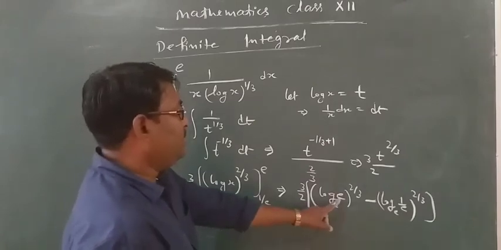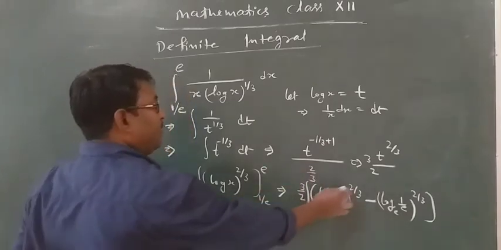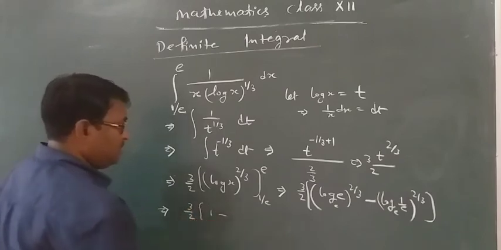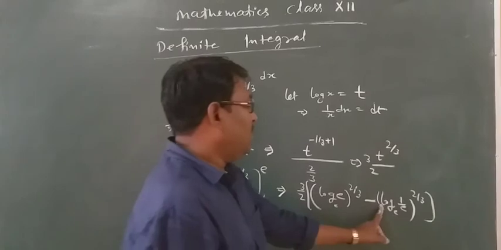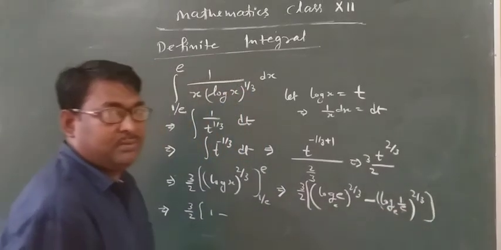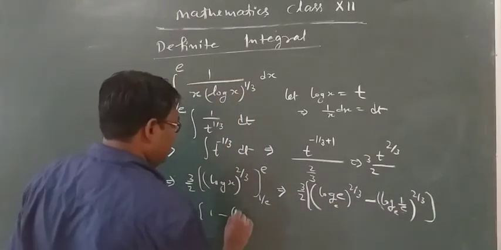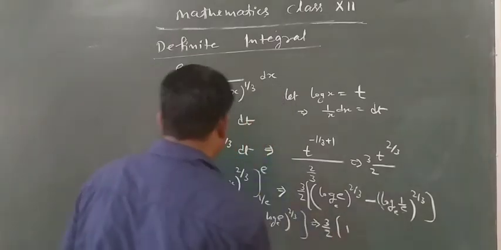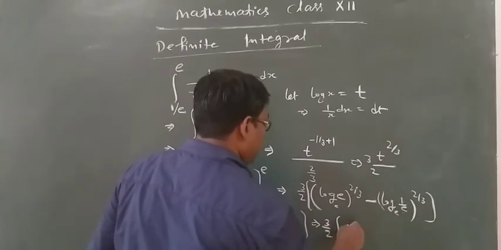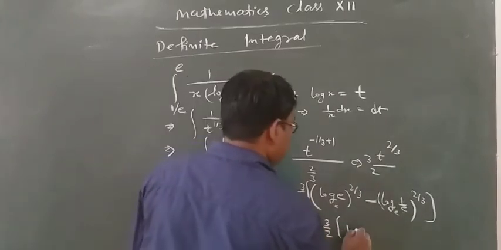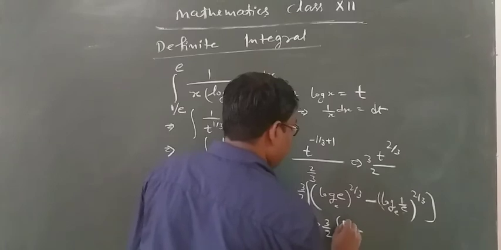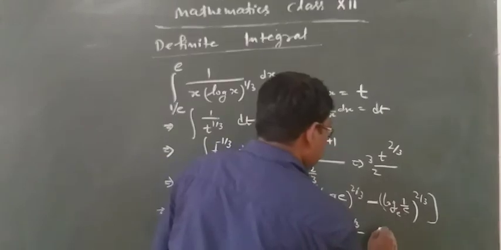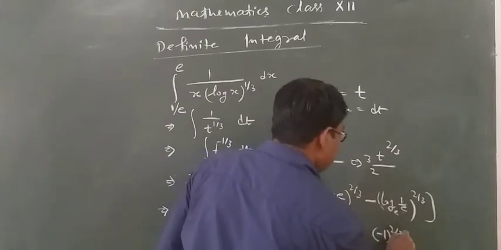From here you will get log e base e is 1. So 1 power something is 1. So 3 by 2 times 1 minus, here log 1 by e is log 1 minus log e, which is minus 1, power 2 by 3.